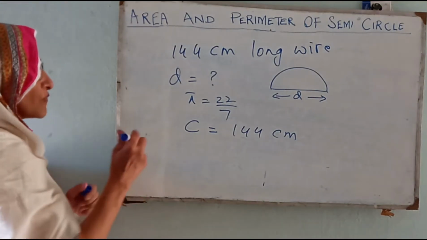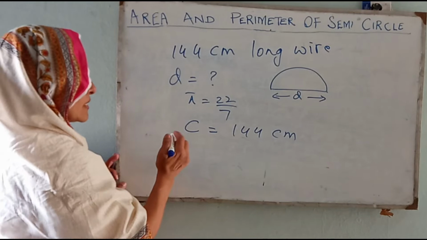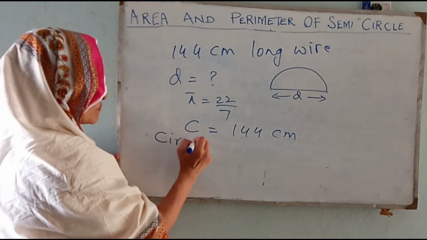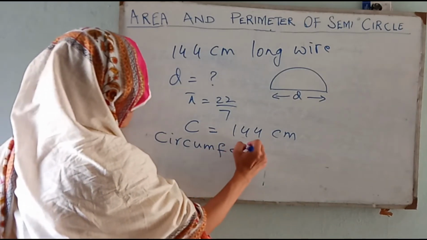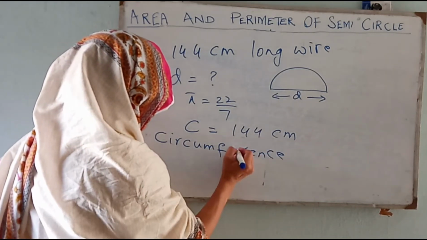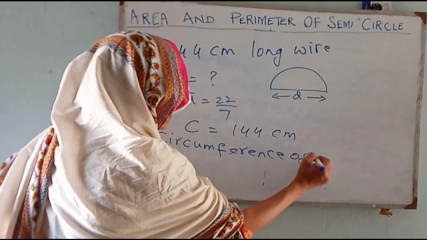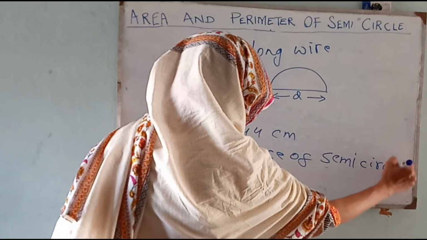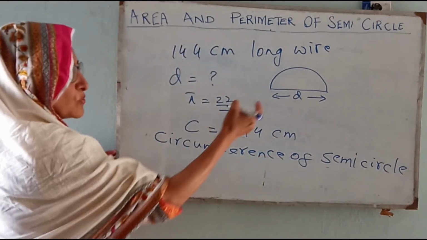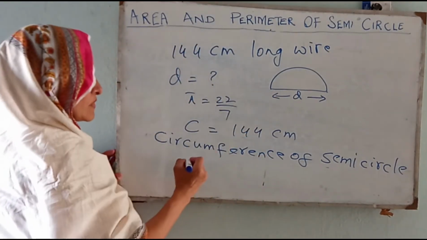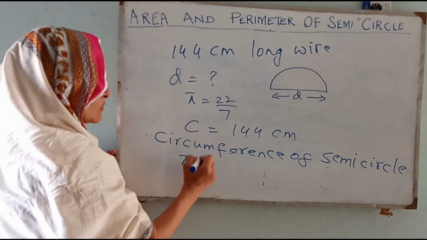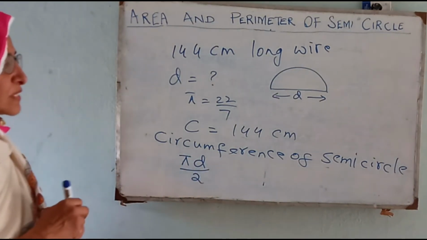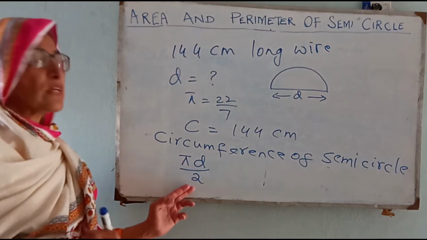Now we know that the formula for the circumference of the semicircle is, let's use d because d is given here. So this is pi d over 2, right? So circumference of a semicircle arc is pi d over 2.